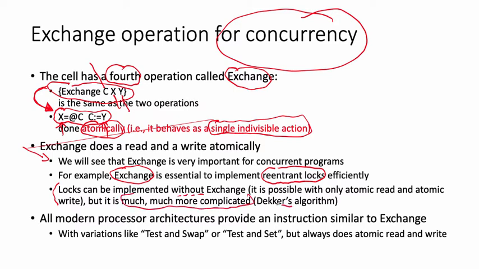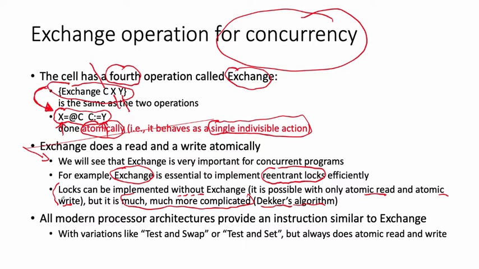There's actually an algorithm called Dekker's algorithm, which you can look up, which shows you how to do locks without exchange, assuming we only have read and write. So conceptually, we don't really need exchange, but it really makes concurrent programming much simpler.